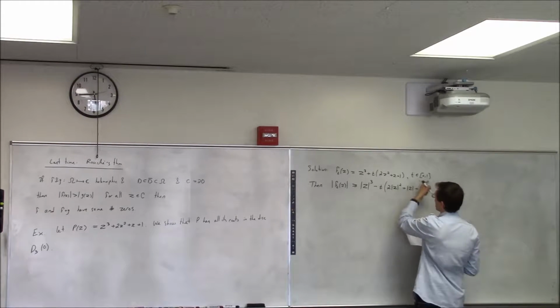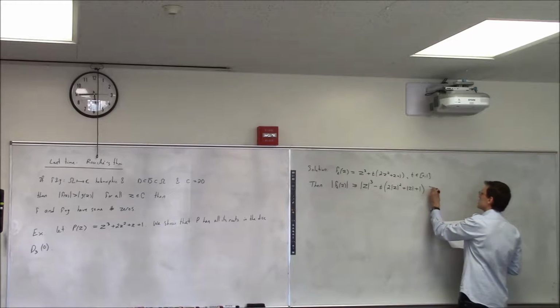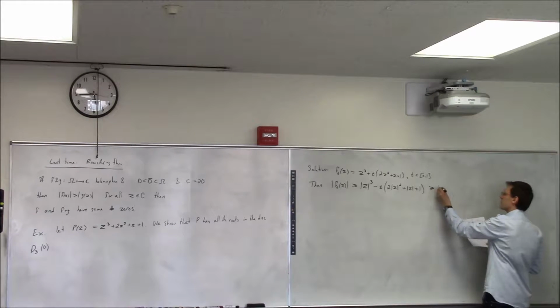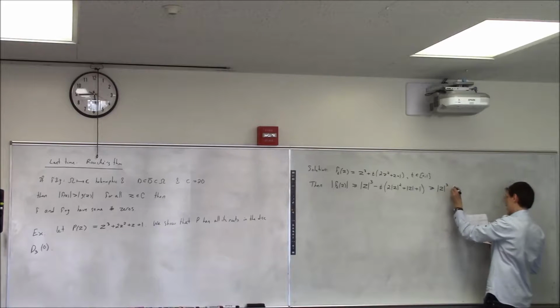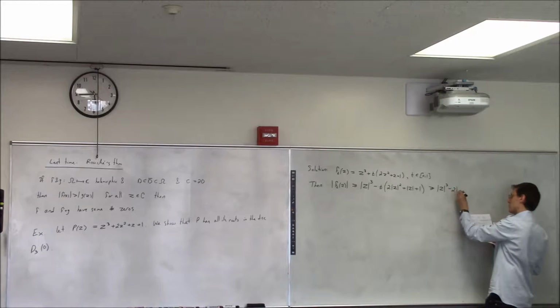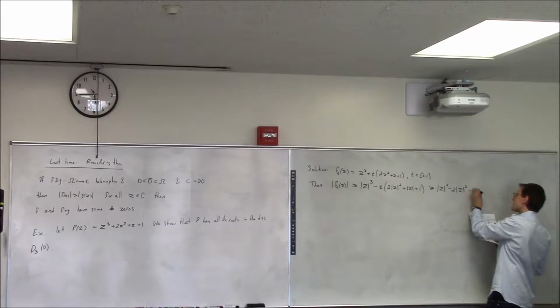And because t is between 0 and 1, this is bigger than or equal to |z|cubed minus 2|z| squared minus |z| minus 1.